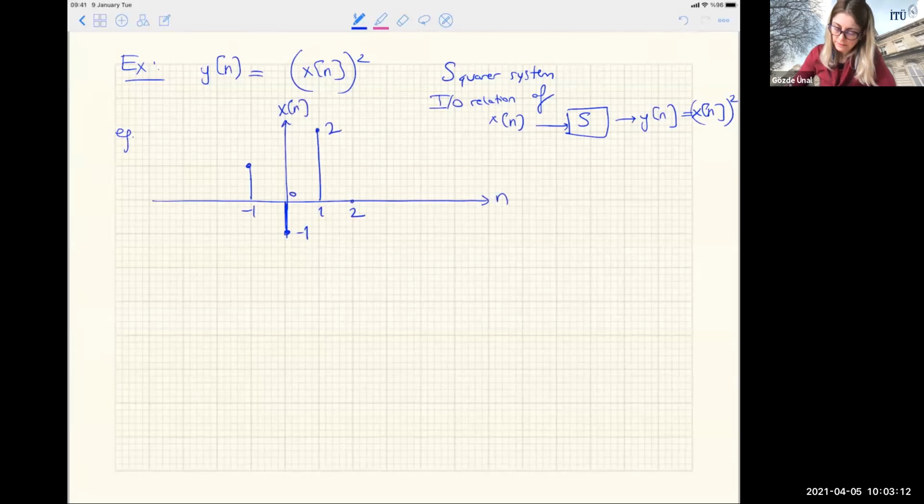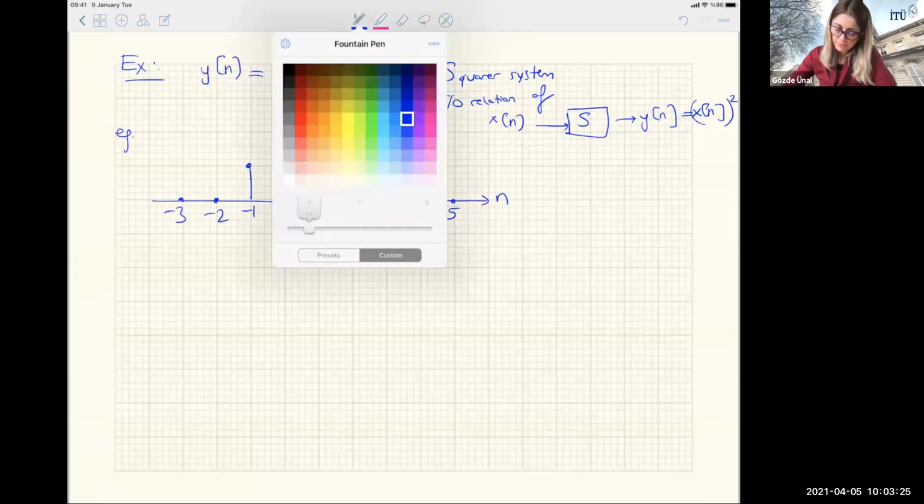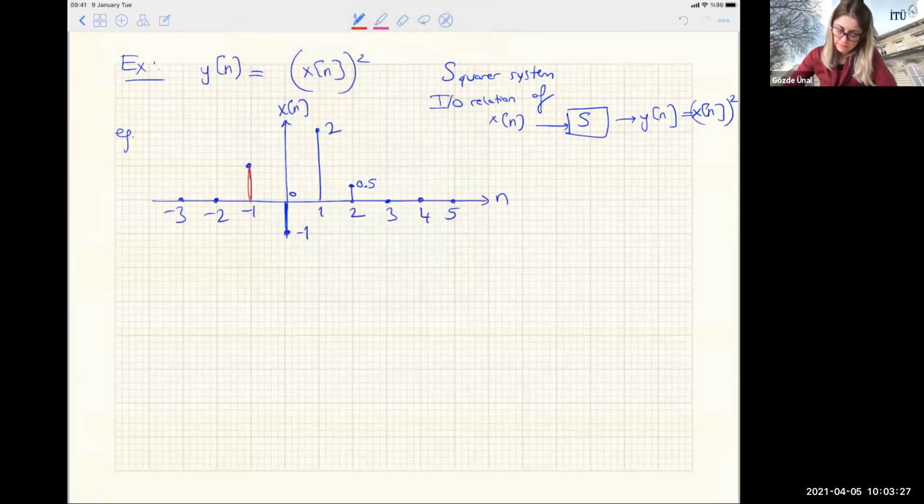Then it's a 0.5 here. At 2, then it's zeros. Okay, so this is the signal. Maybe let's make it in this way so you can see it.